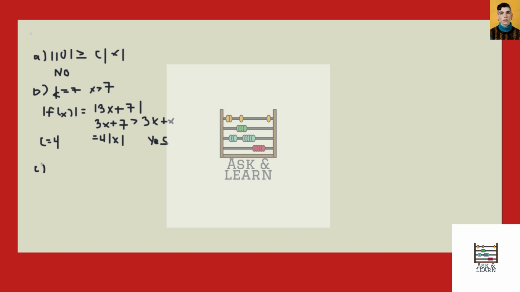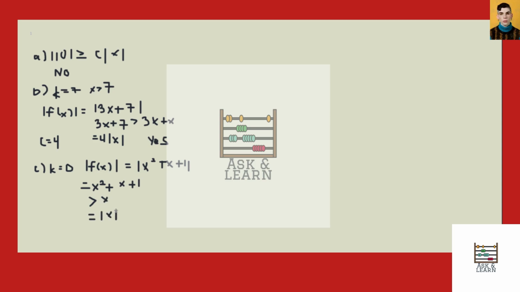Part C, we have f of x is equal to x squared plus x plus 1, and g of x is equal to x. So let's say k is equal to 0, then the absolute value of f of x is equal to the absolute value of x squared plus x plus 1, which is equal to x squared plus x plus 1, which is bigger than x, which is equal to the absolute value of x.